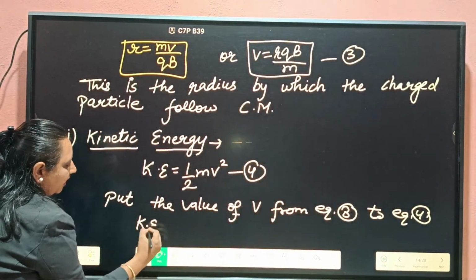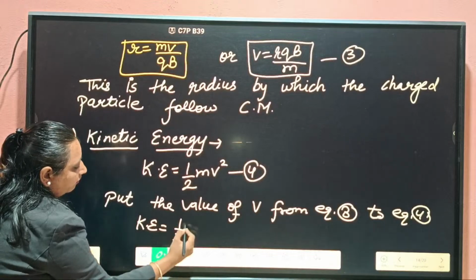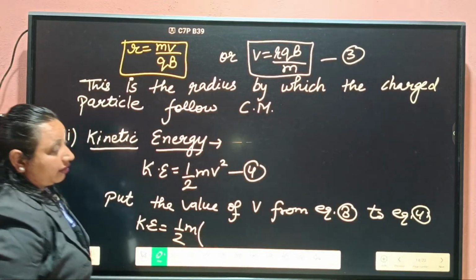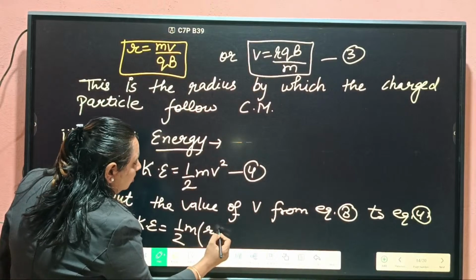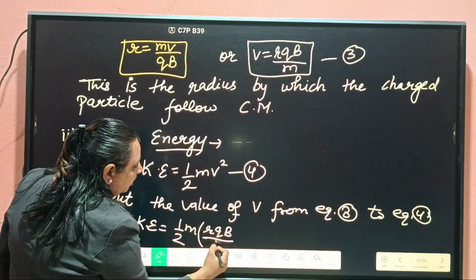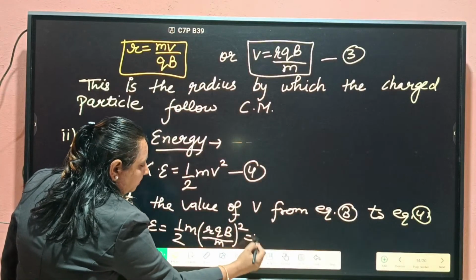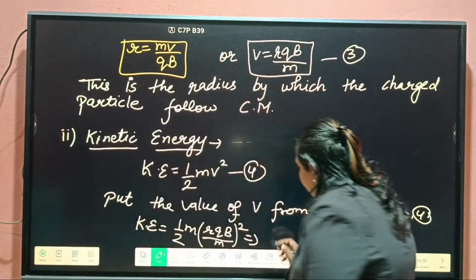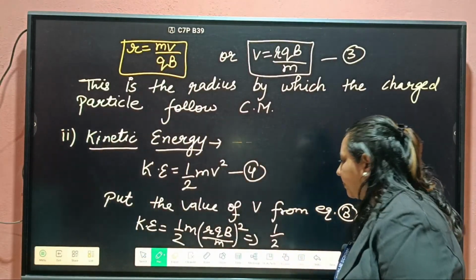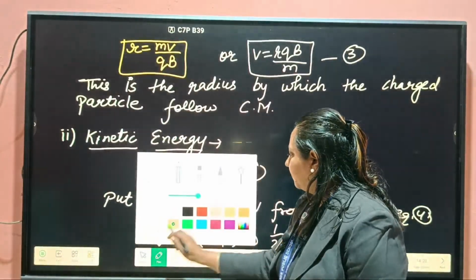So what is the expression for kinetic energy? It's half m. By putting v, rqB over m, its square. By opening the square, we have half. m will be cancelled out with the m.